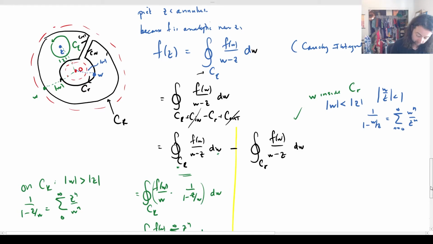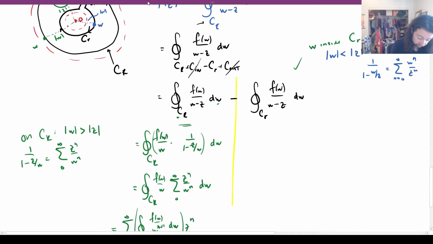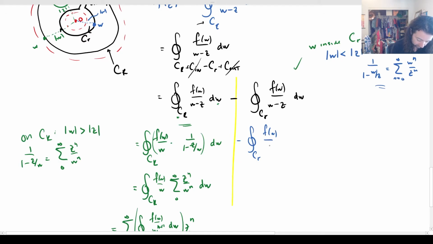Okay? But I'm going to play the same game. I need to get some z to the n's somewhere. So let's do this one in blue. Okay, so I'm going to try to use this formula. So here what I'm going to do is I'm going to write minus the integral over C_r. Okay, I'm going to steal a z this time. And I also need to get an extra negative out, because that will leave behind 1 over 1 minus w over z dw.